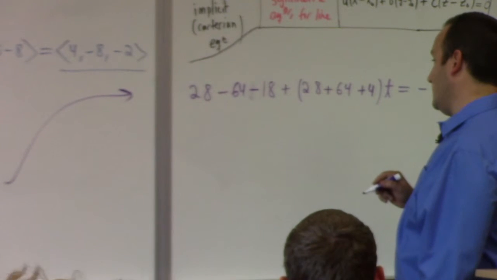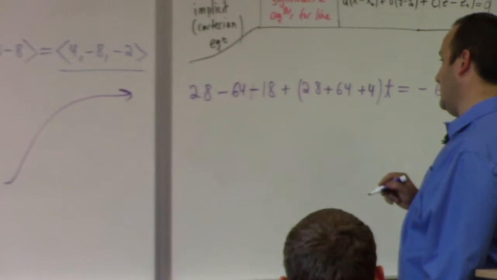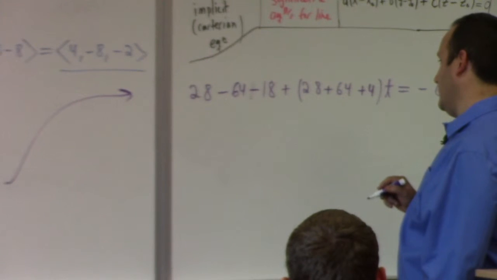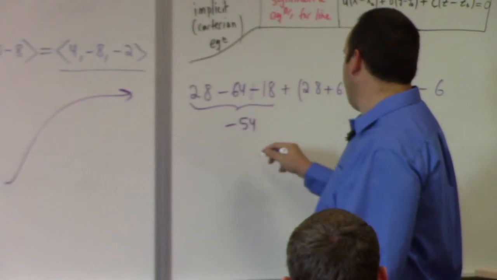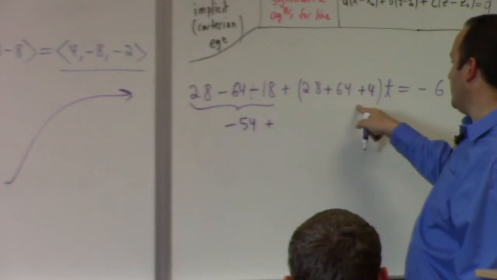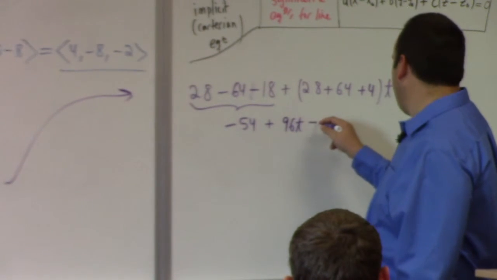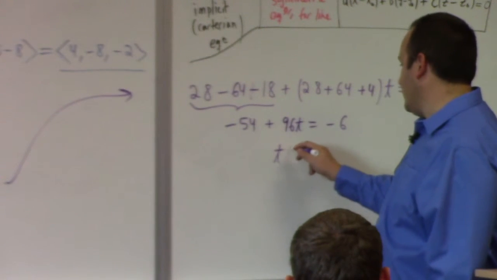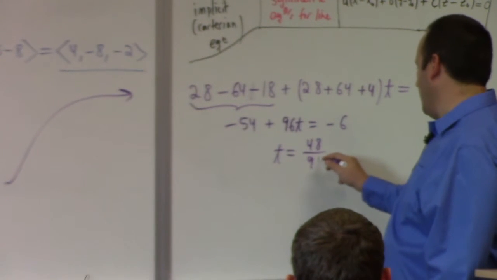What does this simplify to? Negative 54 plus, what's this? This is 68 plus 28, which is 88 plus 8, which is 96t. So this gives us t is equal to, if I haven't made a mistake, 48 divided by, no way.